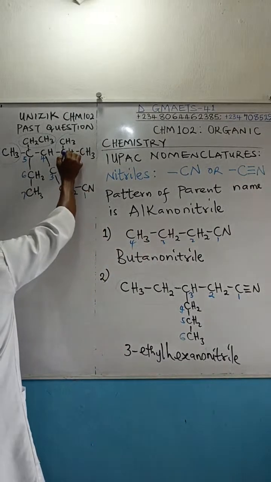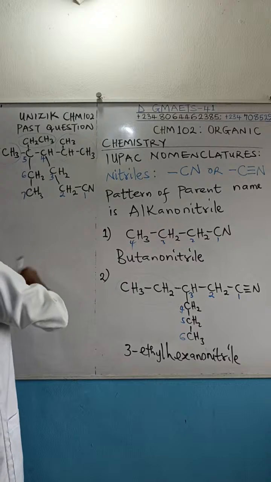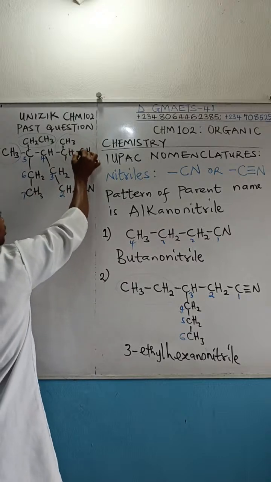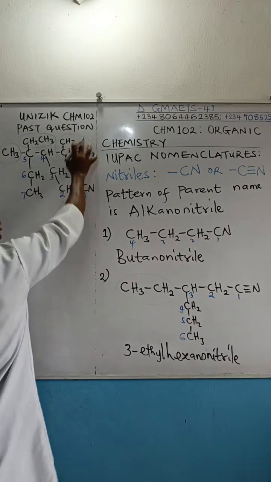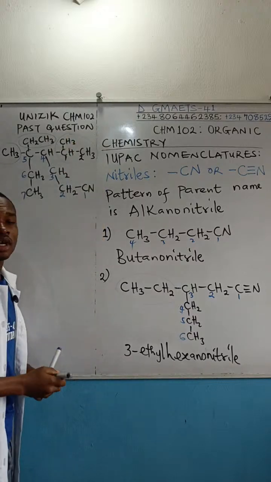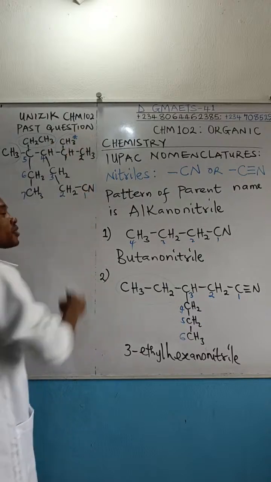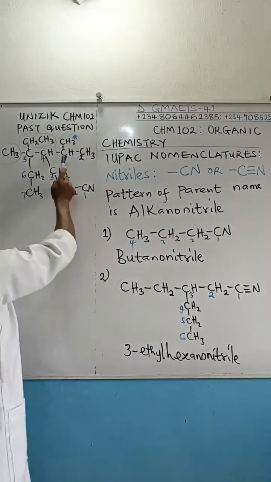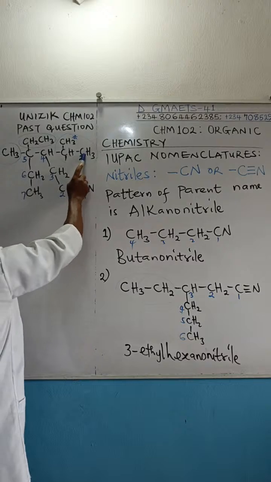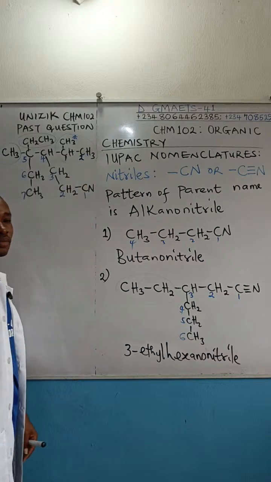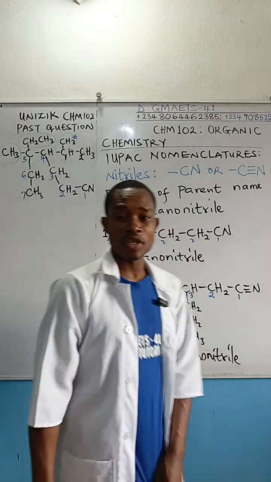If I decide to go this way, 1 and 2, the longest chain in this substituent part is 2 carbons, which is ethyl, you know that. Then this will be taken as a substituent. If you decide to go this way, 1 and 2, this will be taken as a substituent. However you do this, you still get the same name.